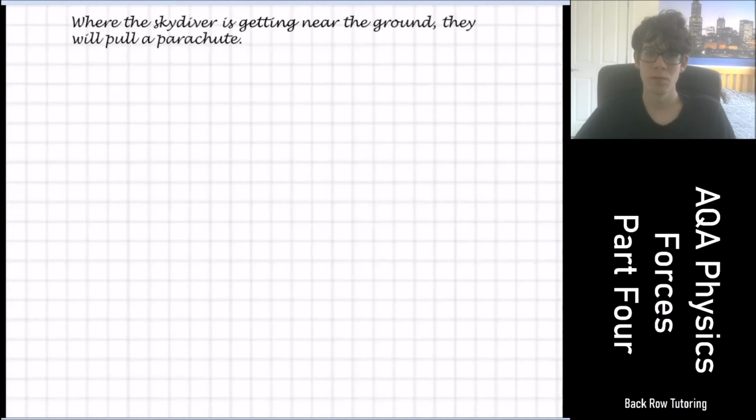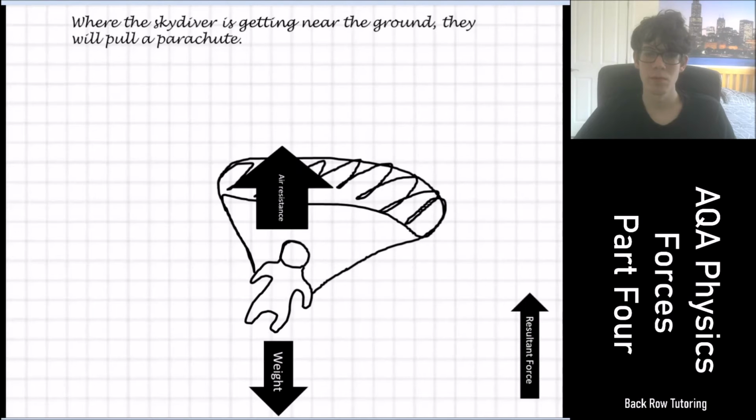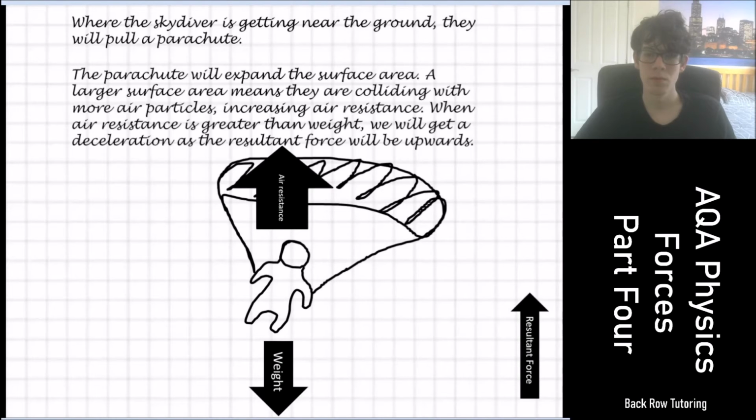When the skydiver is getting near the ground, they will pull a parachute. The parachute will expand the surface area. A larger surface area means the system is colliding with more air particles, increasing air resistance. When air resistance is greater than weight, we will get a deceleration as the resultant force will be upwards.